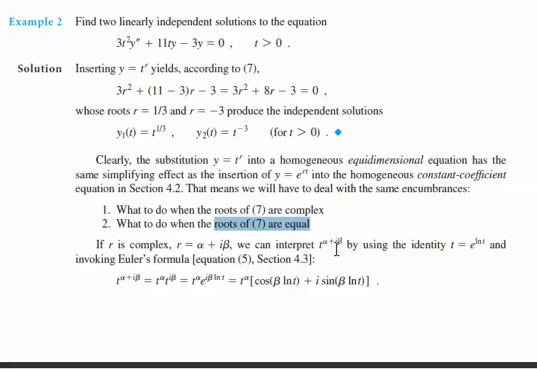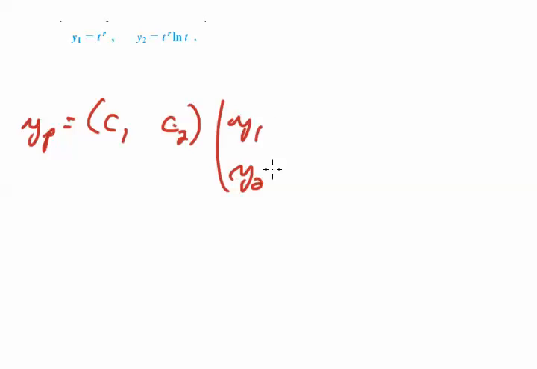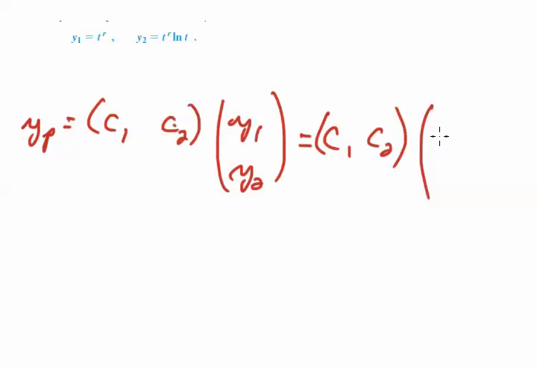So what happens then? Then we're going to have y particular equals c1, c2 times y1, y2, which is t to the r and t to the r natural log of t. That makes me curious.